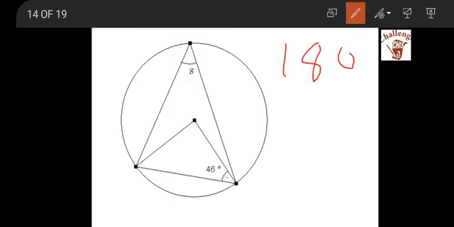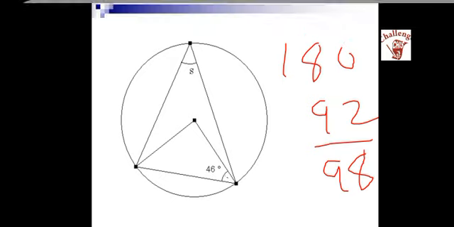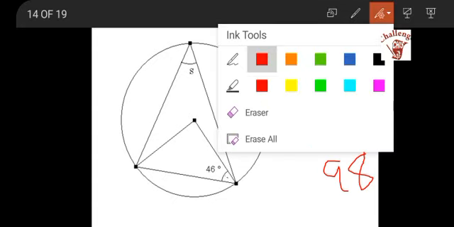180 minus 92 equals 88. Sorry, I'm a little bit confused.